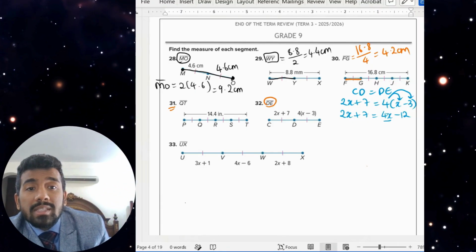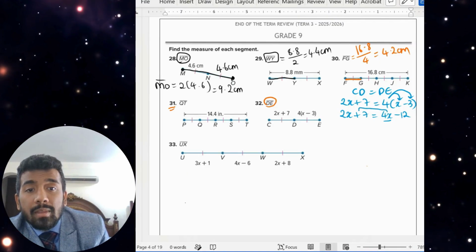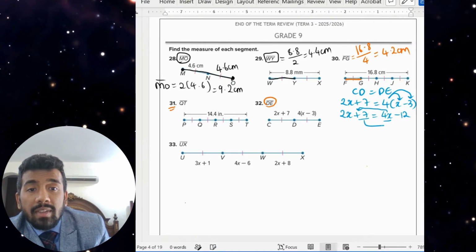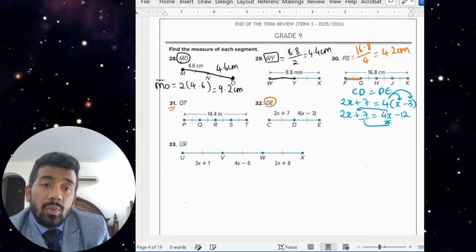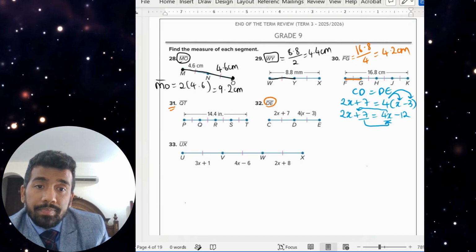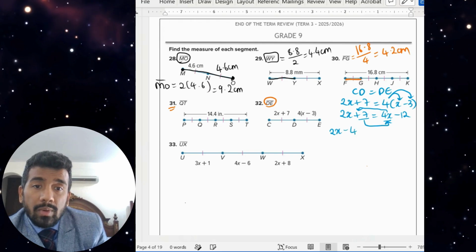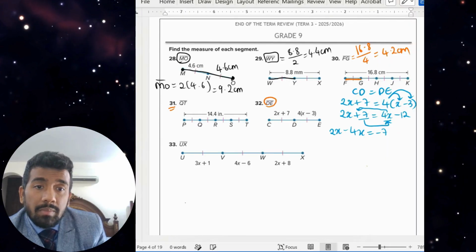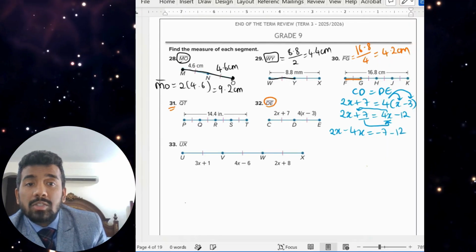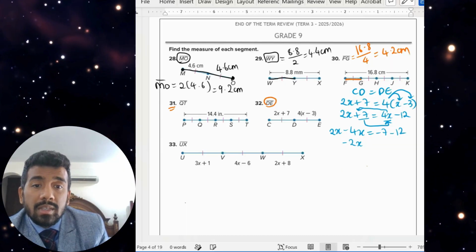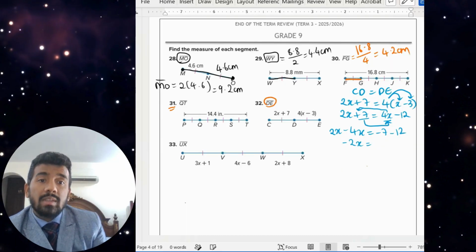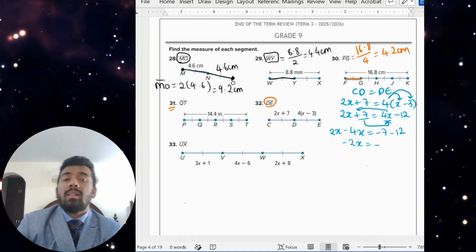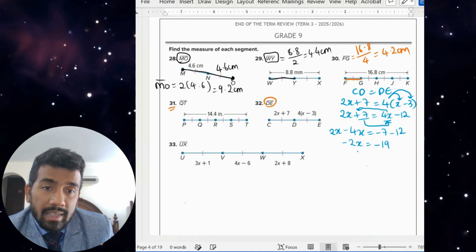I'll move this 4x here, and I'll move this plus 7 here. So 2x minus 4x, what will I get? Equal, plus 7 goes there, it becomes minus 7, minus 12. What is 2x minus 4x? Minus 2x. And minus 7 minus 12, minus 19.